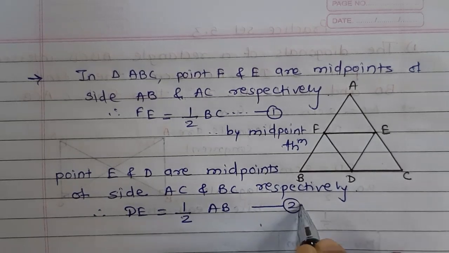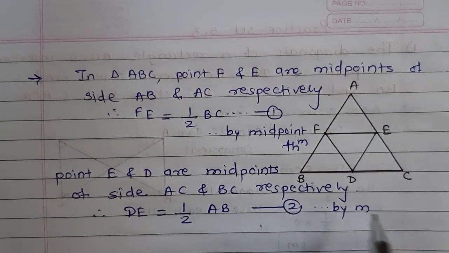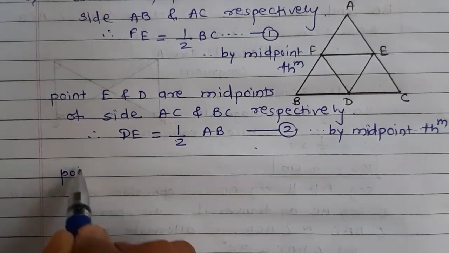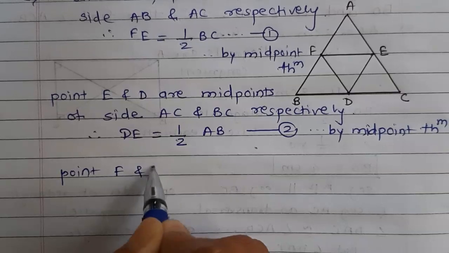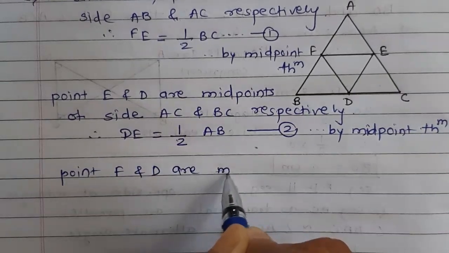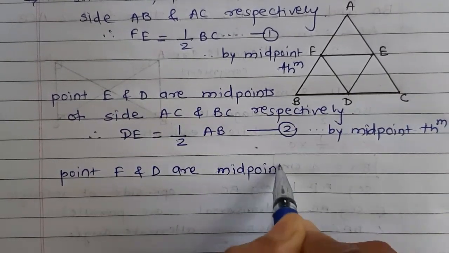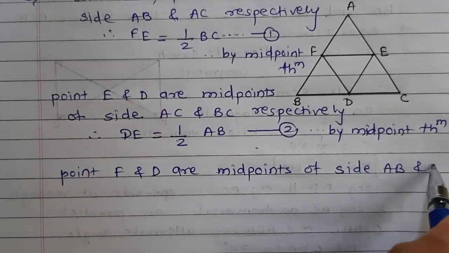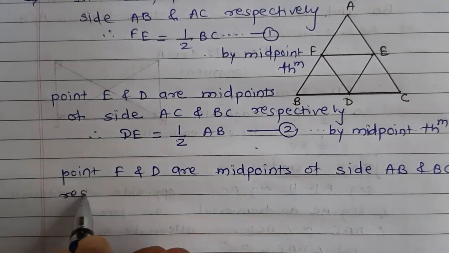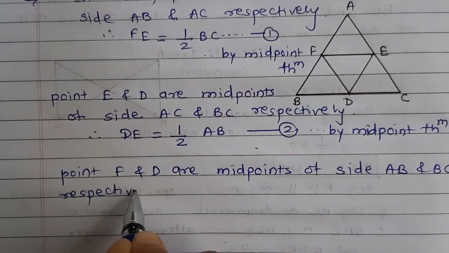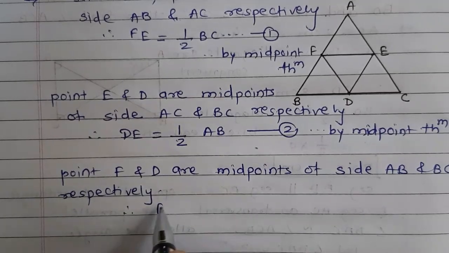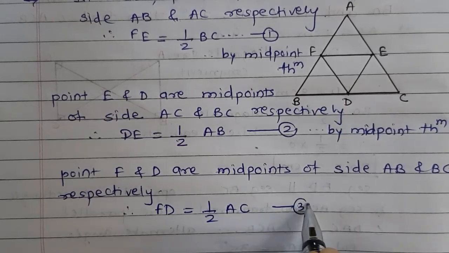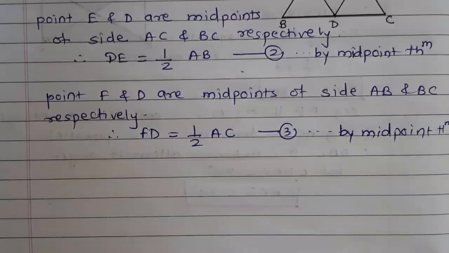Give number 2, and this is also by the midpoint theorem. Points F and D are midpoints of sides AB and BC respectively. Therefore, FD equals half of AC. Give number 3, and this is also by the midpoint theorem.